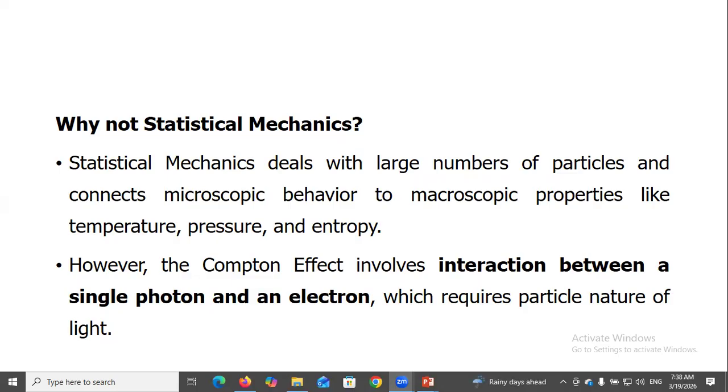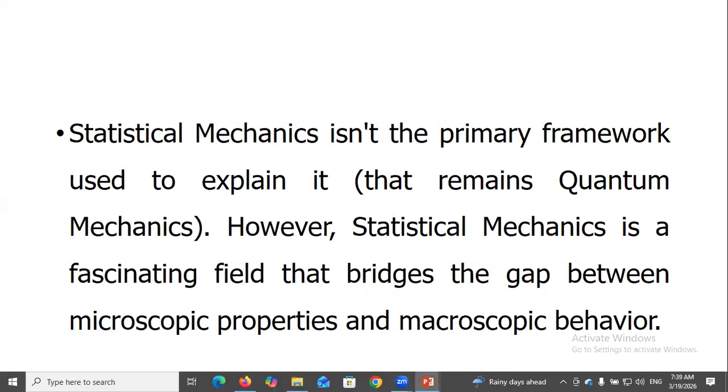However, the Compton effect involves interaction between a single photon and an electron, which requires the particle nature of light. Statistical mechanics is not the primary framework used to explain quantum mechanics.